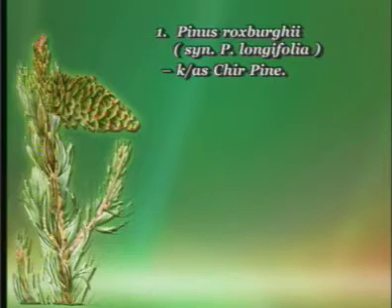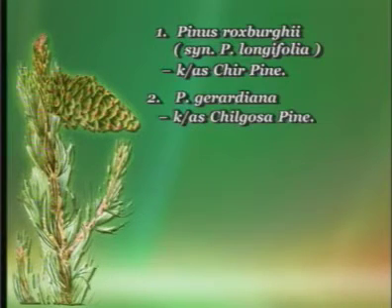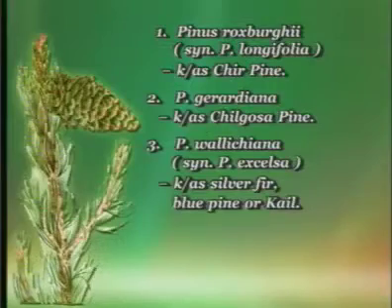Common Indian species are Pinus roxburghi, also known as Pinus longifolia, popularly called chir pine, Pinus gerardiana, known as Chilgoza pine. Students, you might have seen those Chilgoza dry fruits. Yes, they are obtained from Chilgoza pine or Pinus gerardiana.